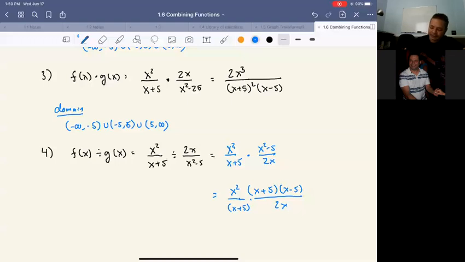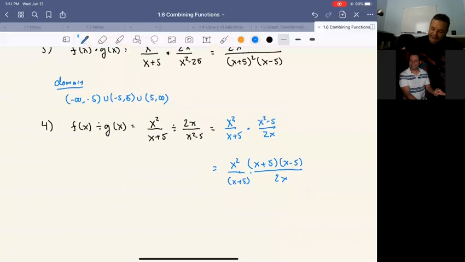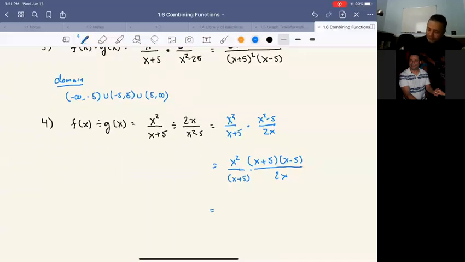This x plus 5 is going to cancel with this x plus 5. One of the x's here is going to cancel with this x here. So I'm going to get x times x minus 5 over 2.